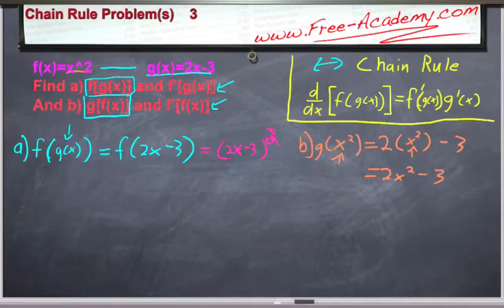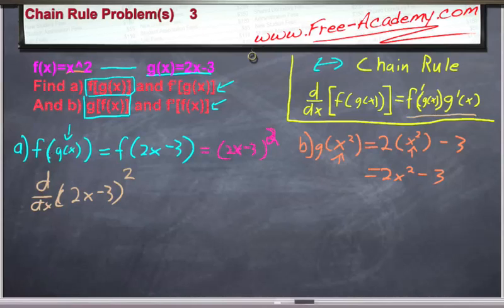So now that we have problems A and B, we've found the functions we're going to be taking the derivatives of. Let's find the derivative in part A, which is the derivative of 2x minus 3 squared. This is where we reference our chain rule.